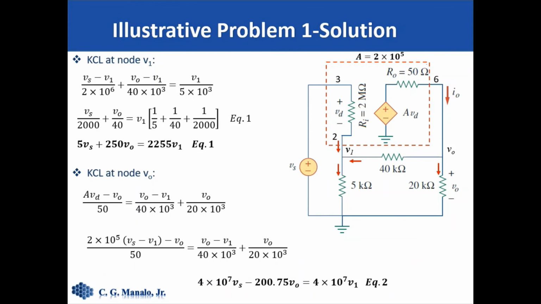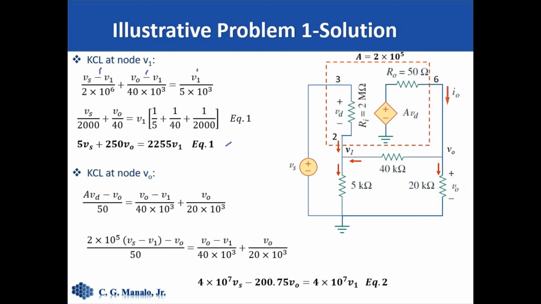So these are the KCL equations. At node V sub 1, current entering, so this one is entering, equals current leaving. So doing some rearrangements, we can get equation 1.